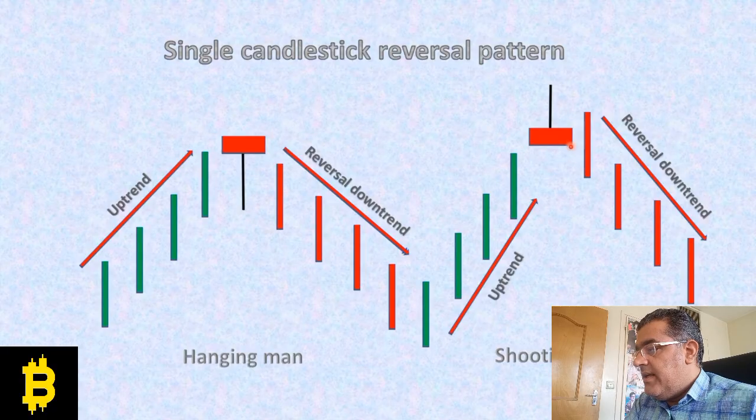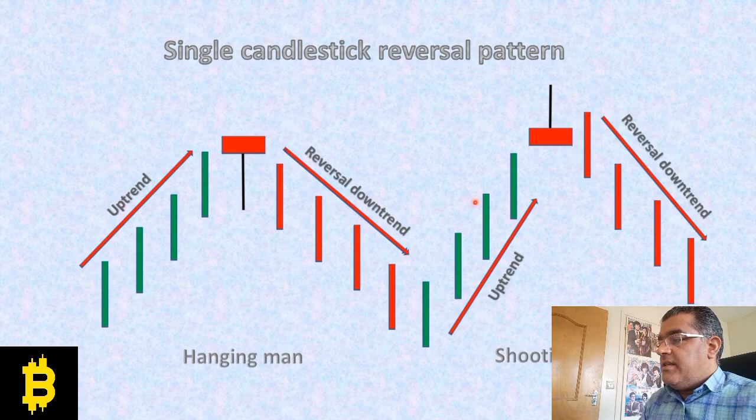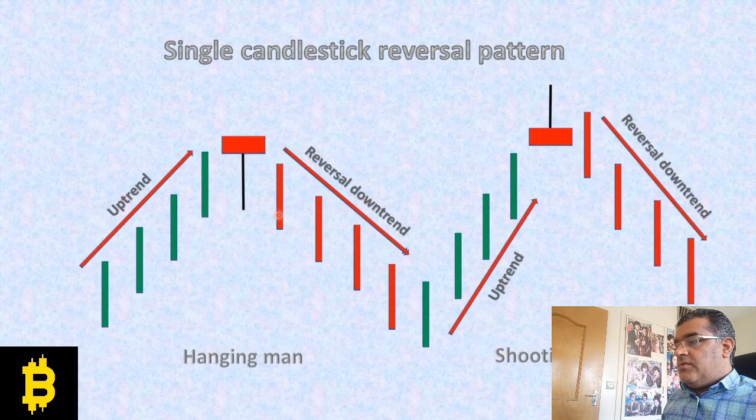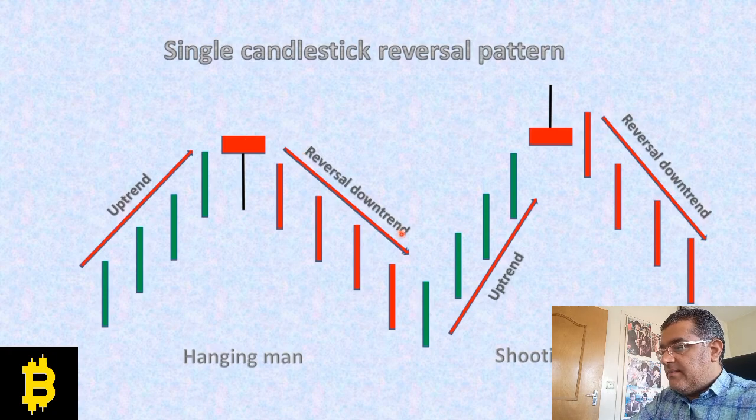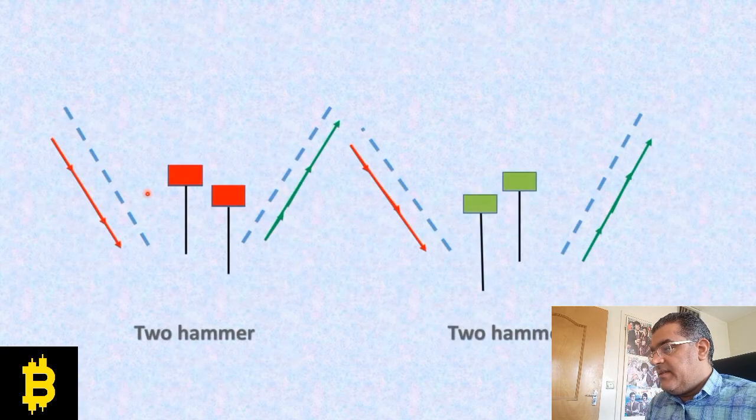Now, in order to exit the market, we have to wait for the next bearish candle to close. If the close price of the bearish candle is below the lower shadow and candle, and also below the close price of the first pin bar, then we can exit the market right there.